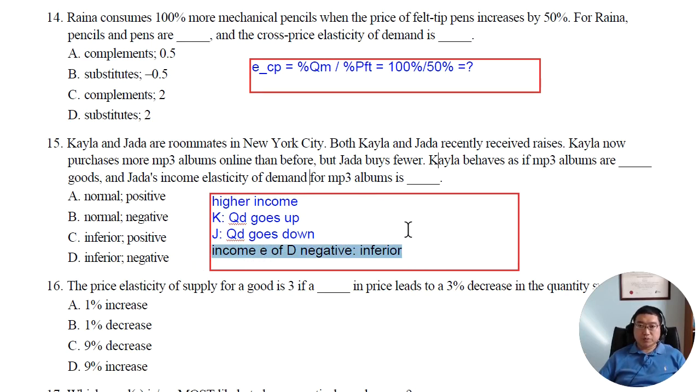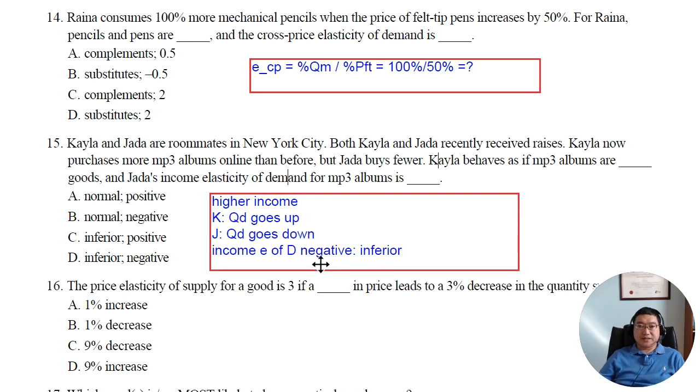So here what we want to notice is that for income elasticity of demand and for the cross price elasticity of demand, the threshold that we care about is 0, right? If the income elasticity of demand is positive, it's a normal good.